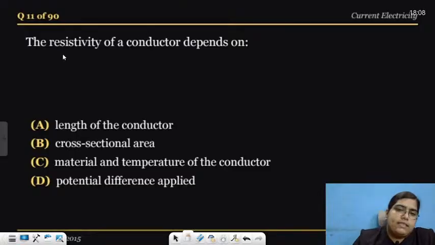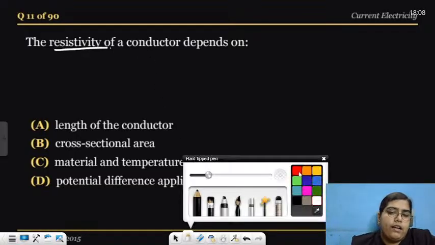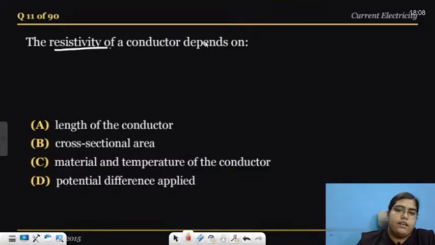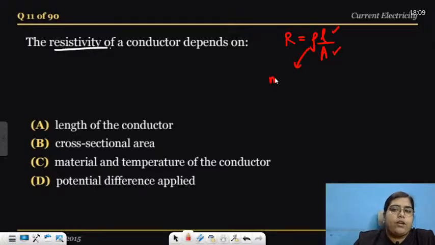Okay, so now we'll discuss the answer. The question is asking on what factors the resistivity depends. The formula for resistance is rho L by A. Resistance is the property of a conductor and depends on length and area, but resistivity is the property of the material. Resistivity will only depend on the material.